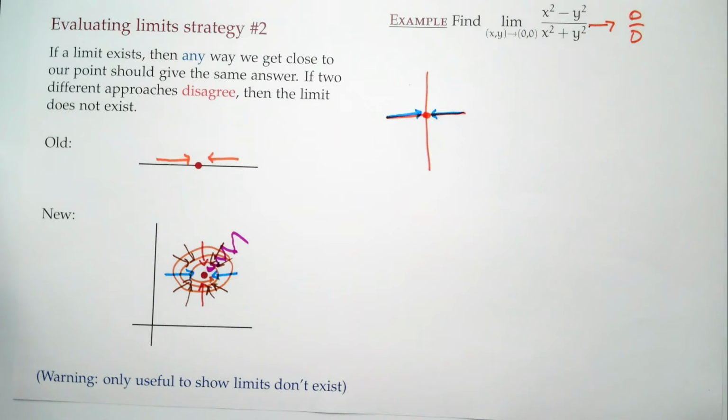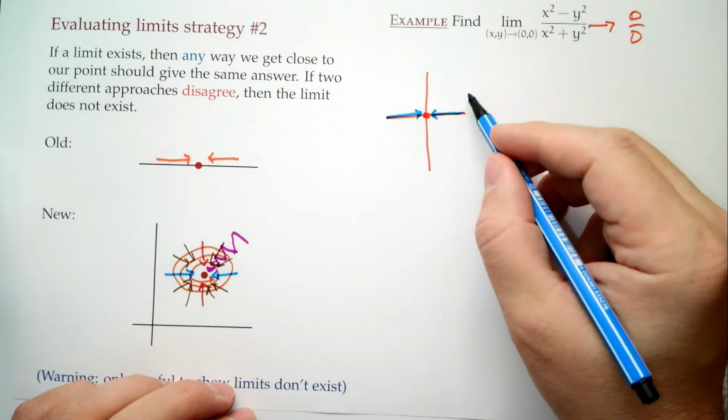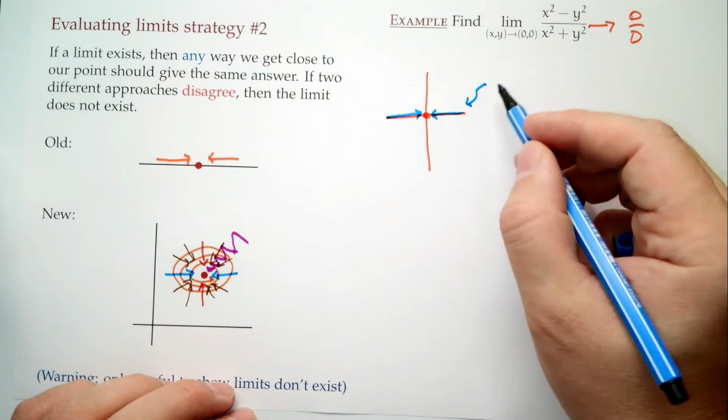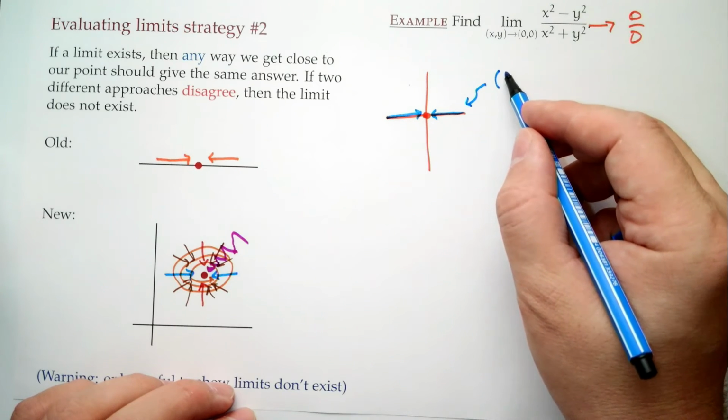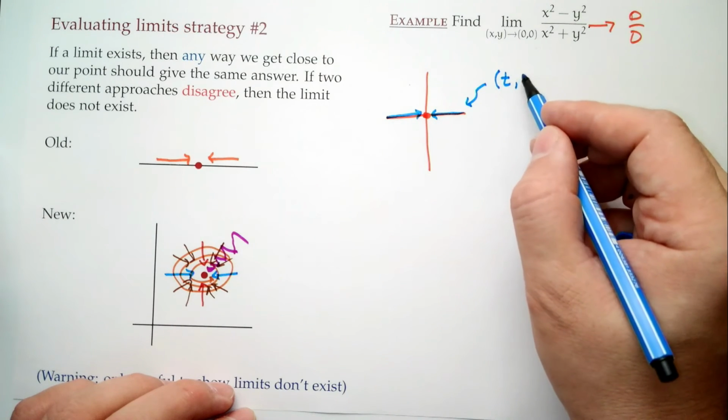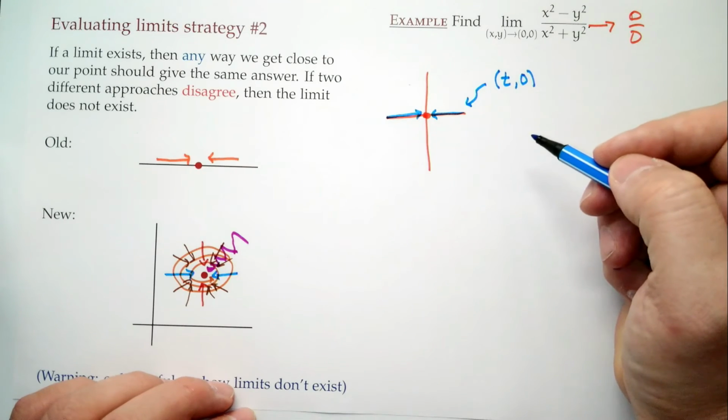Now what's the advantage? When I approach along a curve, which is a one-dimensional type object, it means I can simplify it. So really, we can think of this curve, we can really do a parameterization. So this is the curve where my x-coordinate varies, my y-coordinate is always 0.